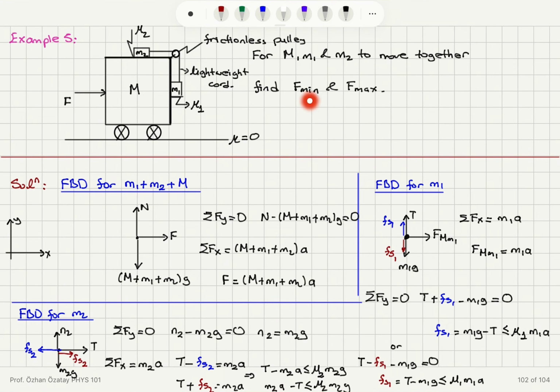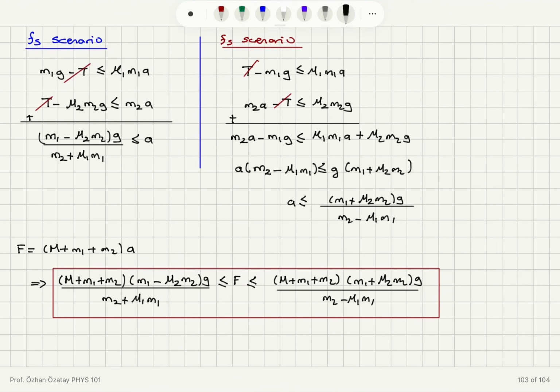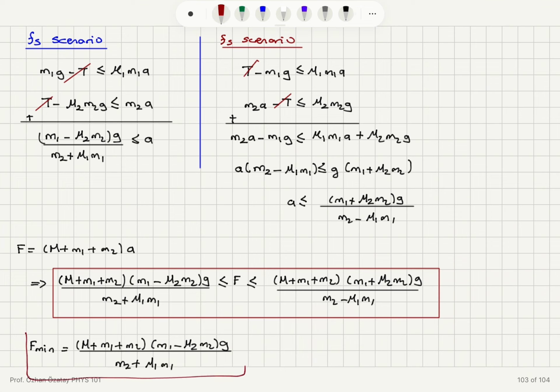Well, the question was, what is F minimum and what is F maximum? What is F minimum? We can read it here. F minimum is (M plus M1 plus M2) times (M1 minus mu2 M2) G divided by (M2 plus mu1 M1). This is the minimum value.